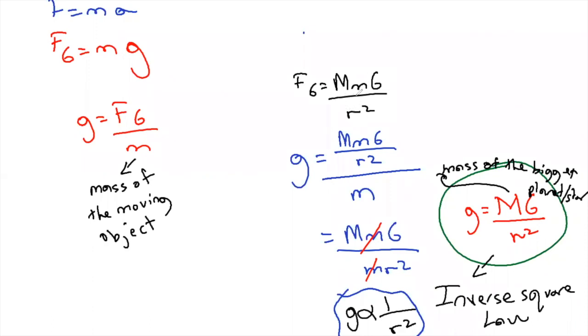I literally just put this in this, and that's what I got. Look, Fg, Fg. Now the m's get canceled out, and I'm going to get Mg divided by r squared. That's it. So yeah, no problem.